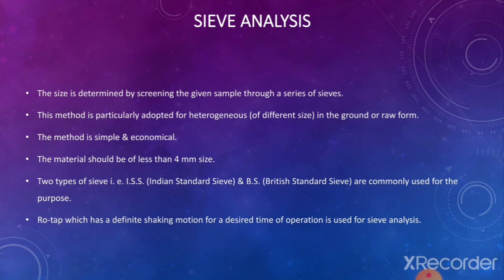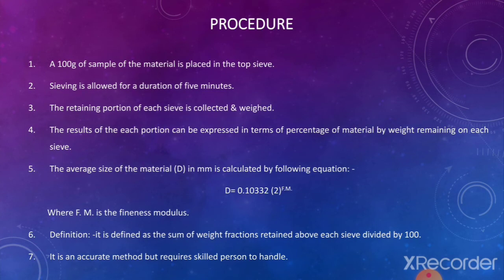Two types of sieves, that is Indian Standard Sieves (ISS) and British Standard Sieves (BS), are commonly used for the purpose. A Ro-Tap is the machine which has a definite shaking motion for a desired time of operation and is used for sieve analysis. Procedure.